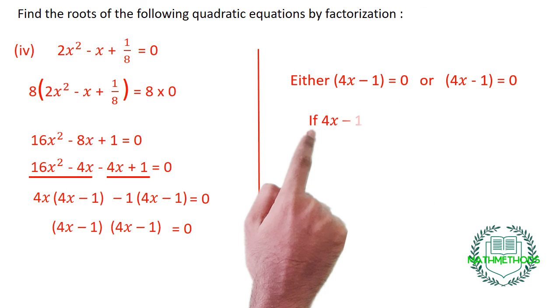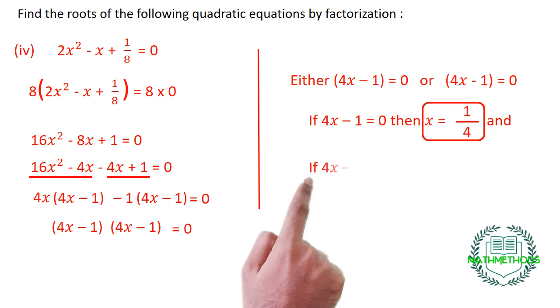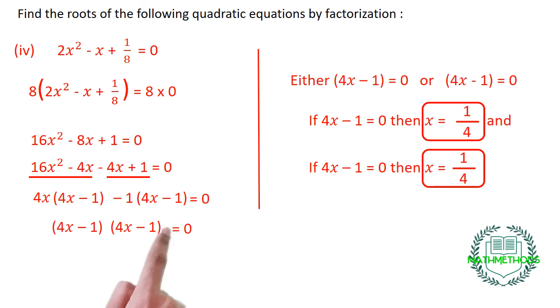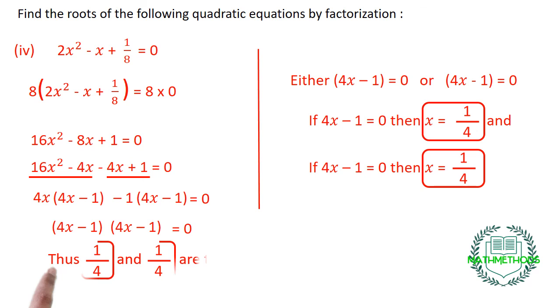If 4x minus 1 equals 0, then x equals 1 upon 4. And if 4x minus 1 equals 0, then x equals 1 upon 4. Thus 1 upon 4 and 1 upon 4 are the two roots of the given quadratic equation.